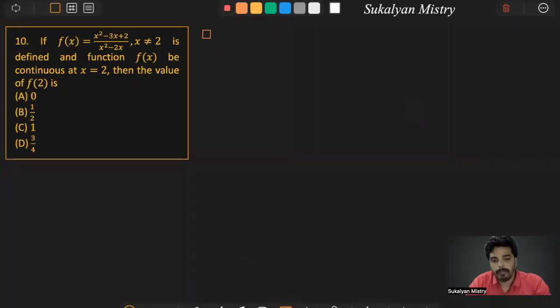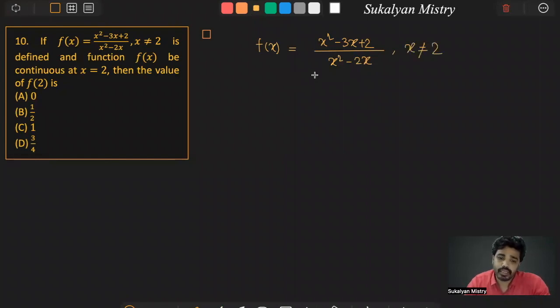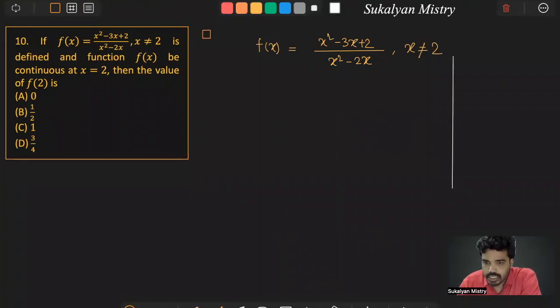So next example, here the function f(x) is given by x square minus 3x plus 2 divided by x square minus 2x when x is not equal to 2. ঠিক, it is given that the function f(x) is continuous at x is equal to a. দেখো continuity definition, just recall the definition of continuity.